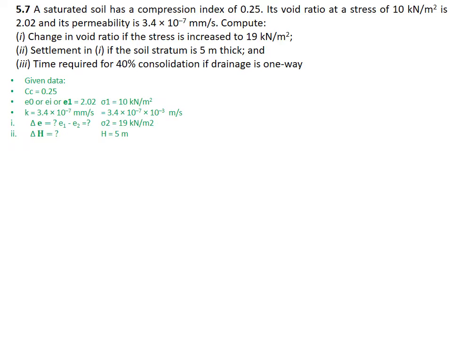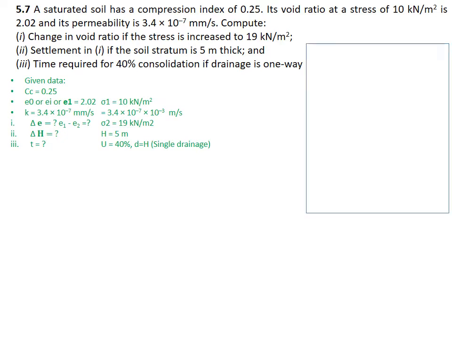So I'll repeat, from 10 to 19, so 9 is the extra stress and you have to find the settlement for that. The last one, you are supposed to find out the time when the degree of consolidation is 40%. So U is 40 and the drainage is single, so D equals H.